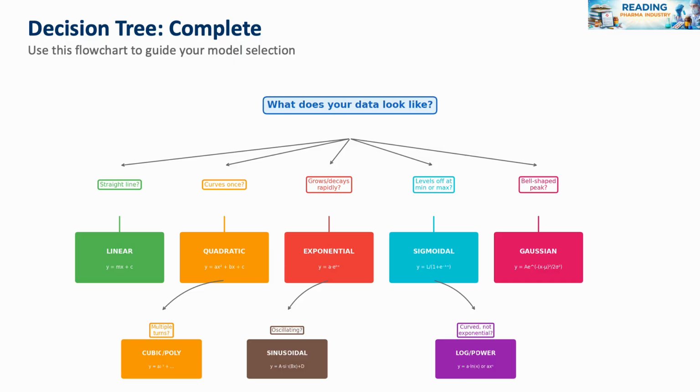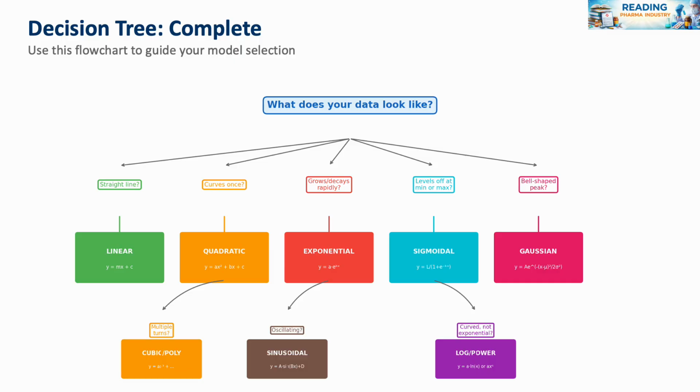And as mentioned before, if the data levels off, peaks, oscillates or repeats, the tree guides you to the appropriate alternative. So use this flowchart whenever you're not sure which mathematical model to apply. Start at the top and answer each question based on what your data actually look like.